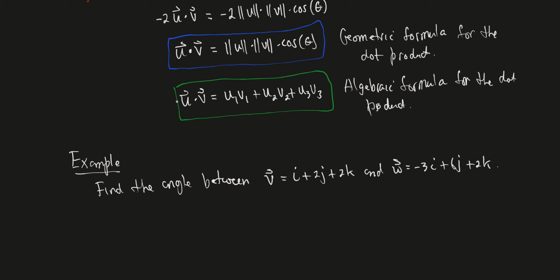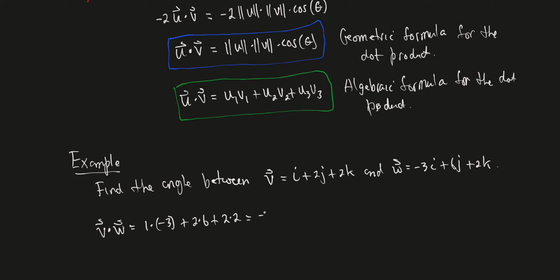So the first thing I'm going to do is use the algebraic formula to find the dot product. So let's first find the dot product of v and w. So v dot w is equal to 1 times negative 3 plus 2 times 6 plus 2 times 2.